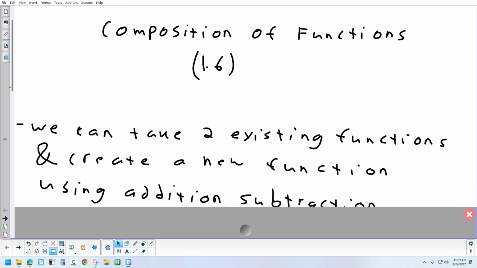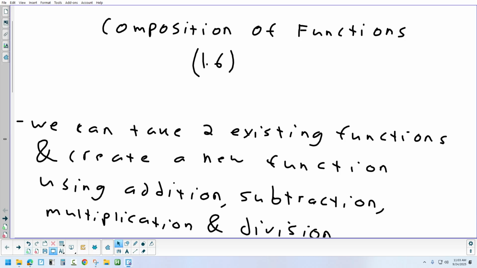So one way that we can take functions and combine them together is just using one of the 4 basic arithmetic operations. You can add, subtract, multiply, or divide functions to create new ones. So a very, very simple one would be, let's say you had the function f of x, and that was 3x, and you had the function g of x, and that was 2x.